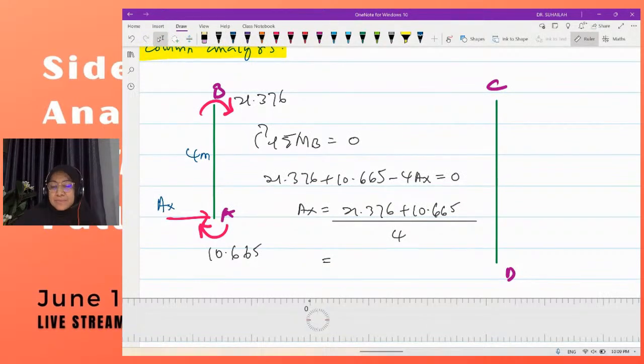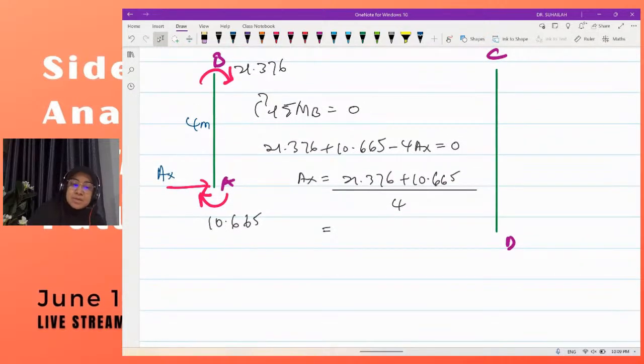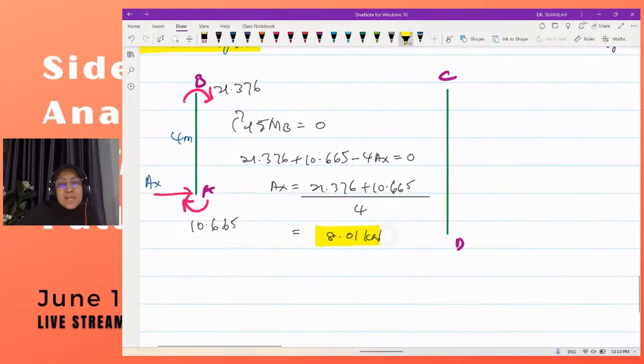So Ax, the total moment divided by 4, is 8.01 kilonewton. So Ax is 8.01.